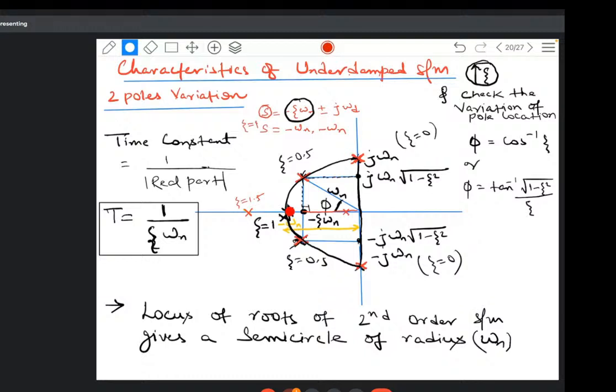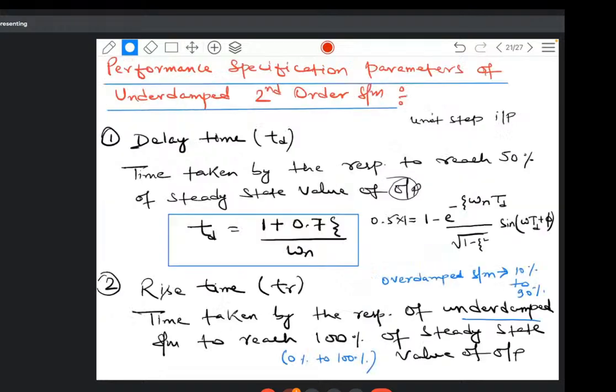Indrani is telling that sir, slide is not coming. Is that the case? For others also it is a problem. Tell me if the slide is coming or not. Are you able to see the peak time?